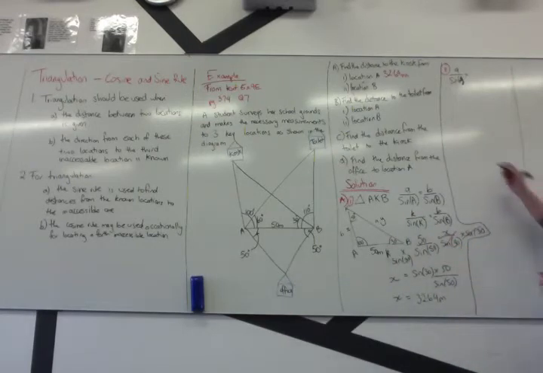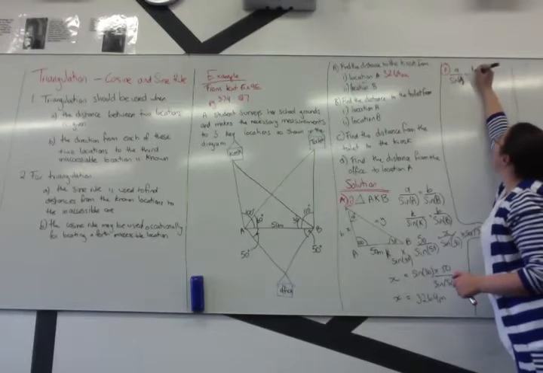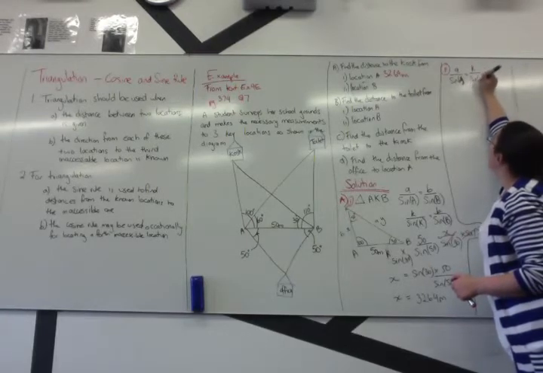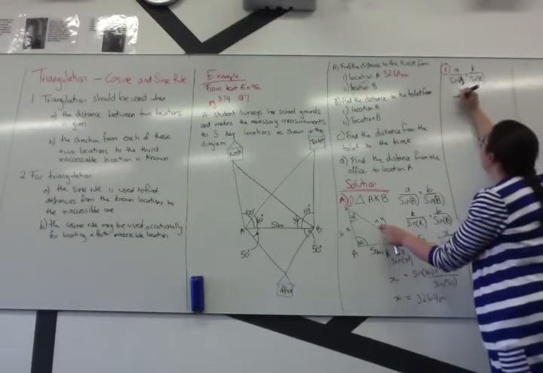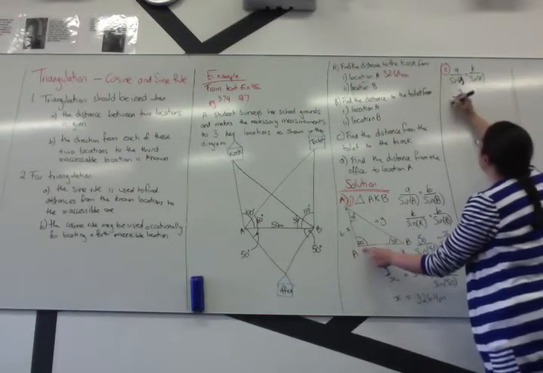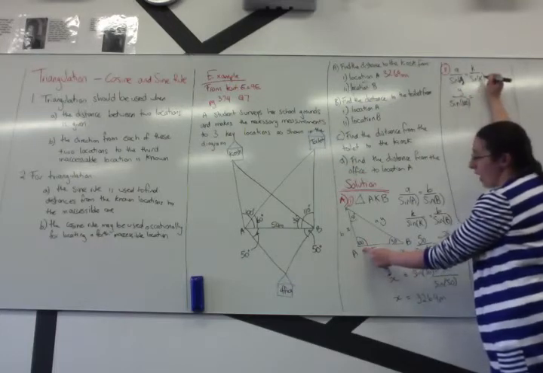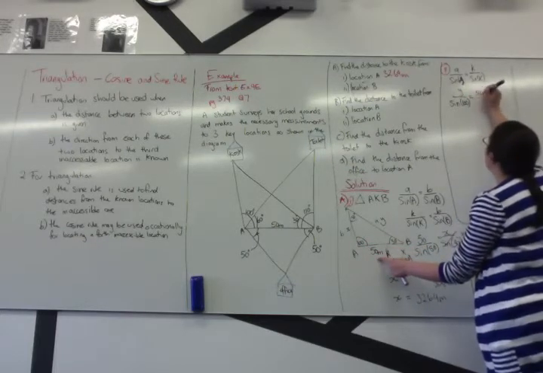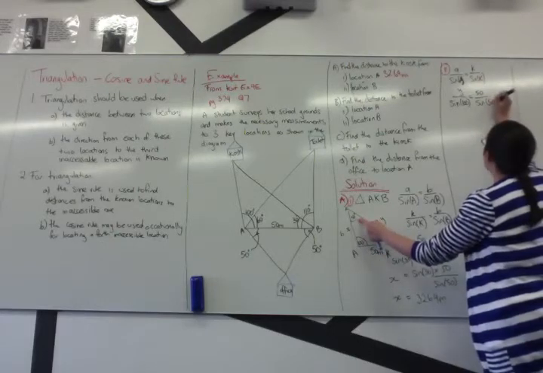Alright, so A over the sine of A. I'm going to use K over the sine of K. A is now Y. Y over the sine of 100 degrees is equal to K, which happens to be 50, over the sine of 50 degrees.